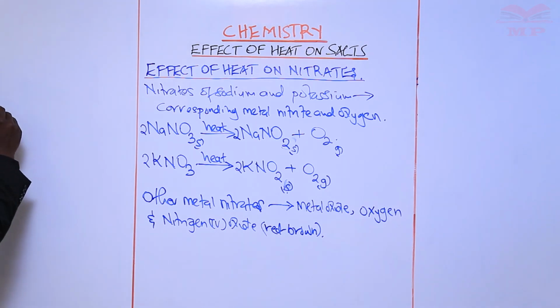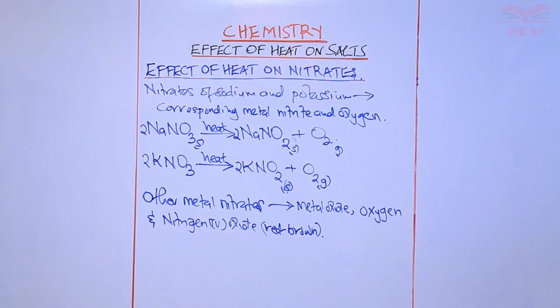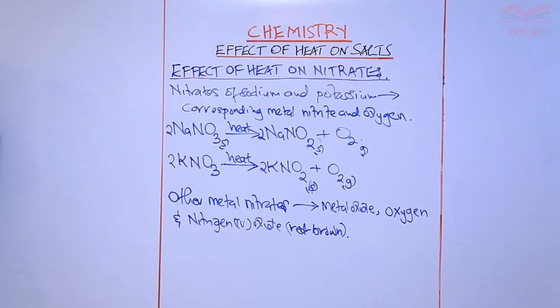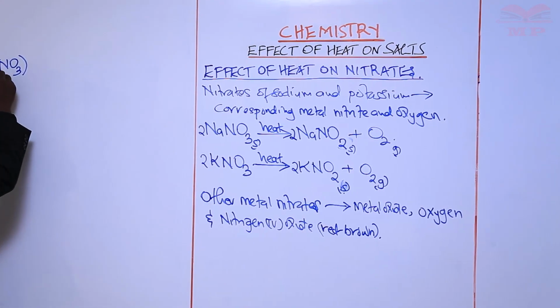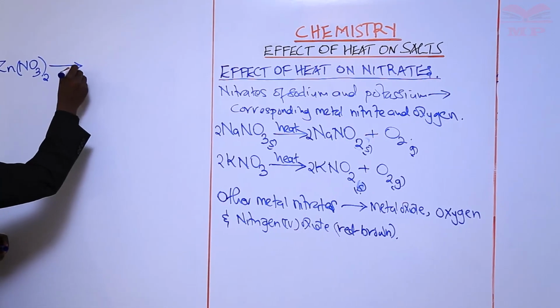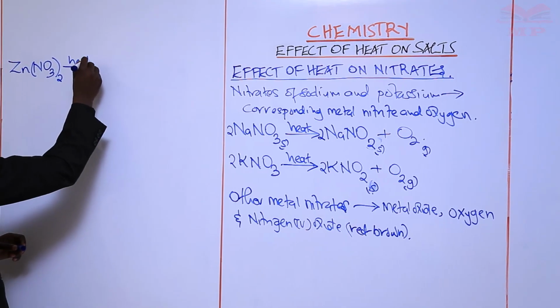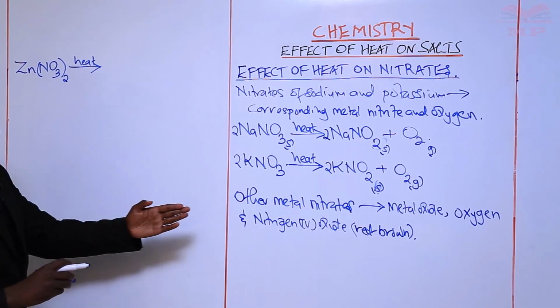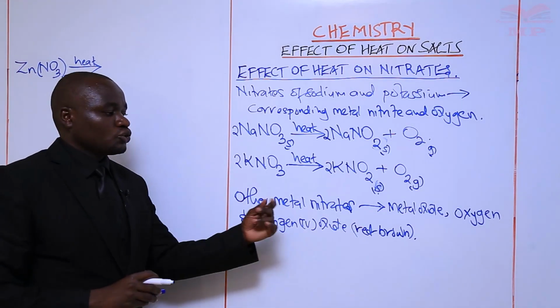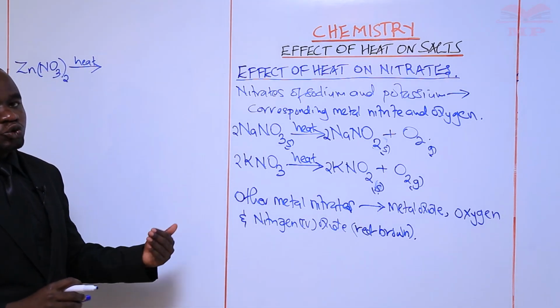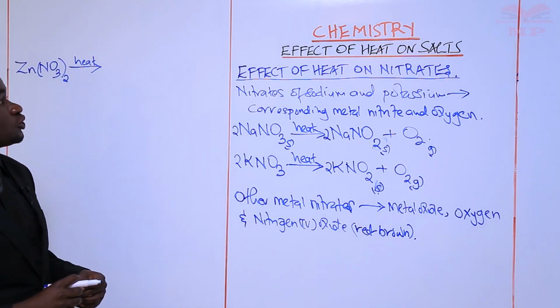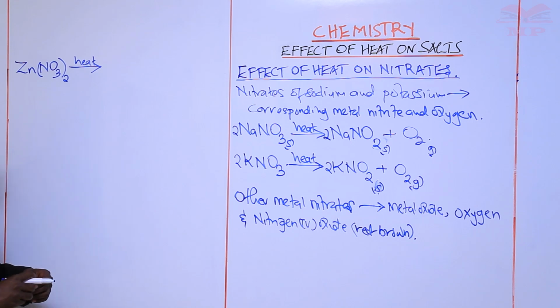So we start with zinc nitrate. On heating, from that general point, we expect to form the corresponding metal oxide, and the oxide that corresponds to zinc is zinc oxide.